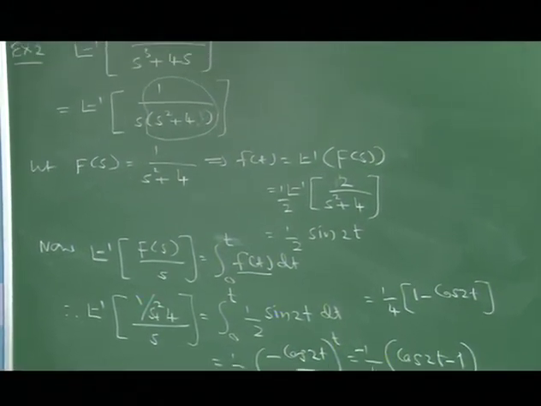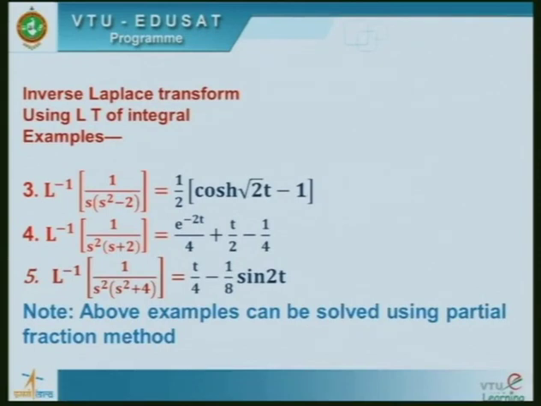So, in that way we can solve the similar examples, 1 divided by s into s square minus 2. Take f of s is equal to 1 divided by s square minus 2, divided by s, and here divided by s square is there, means apply the same formula 2 times. First time you consider f of s is equal to 1 upon s plus 2 divided by s, you will get the answer.